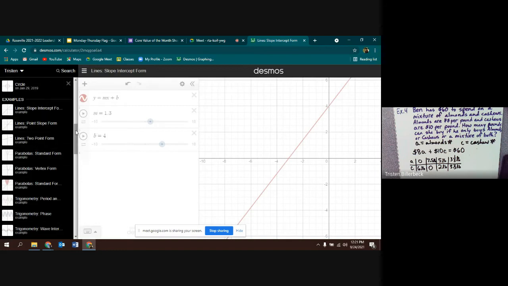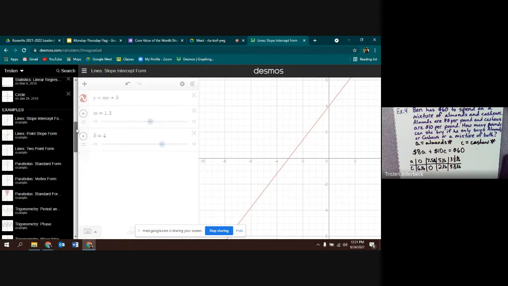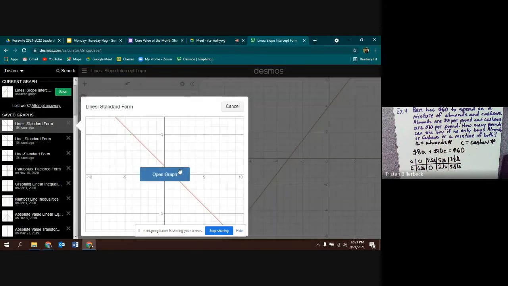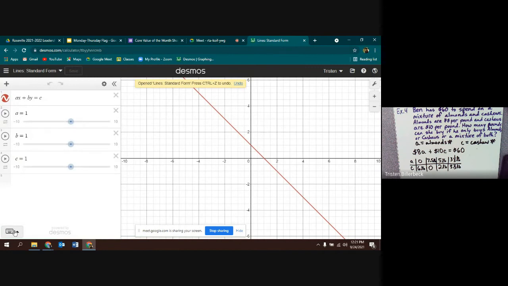The last form of the equations that you just learned was standard form. So let's see how things react with standard form. We have ax plus by equals c. Let's say we know what a is. Okay, so a is 4, and let's say b is 5, and c is what it all equals.